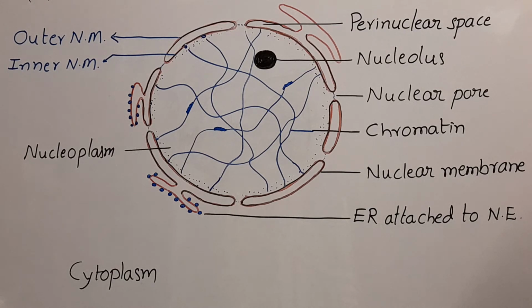It is attached to the chromatin in some places. Where the nucleolus is attached to the chromatin, that part is called nucleolar organizer. Generally, in the nucleus, 1 to 4 nucleoli are present, but sometimes Xenopus oocytes contain 1600 nucleoli.